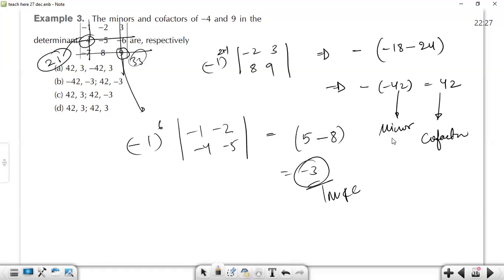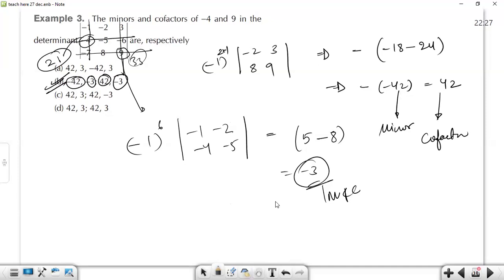For minus 4, minus 42 is the minor and plus 42 is the cofactor. So minus 42 and plus 42, and minus 3 and minus 3 are the minor and cofactor. Clear. Option B is the correct one.